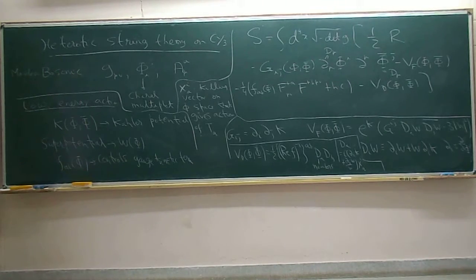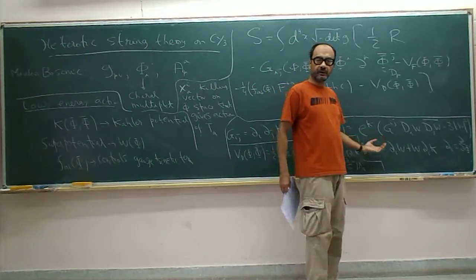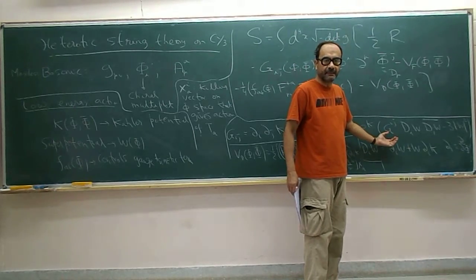Could you repeat the origin of that minus 3 W mod square term? Well, origin meaning this comes from n equal to 1 supergravity. There is no G_ij there, it's just a flat metric.